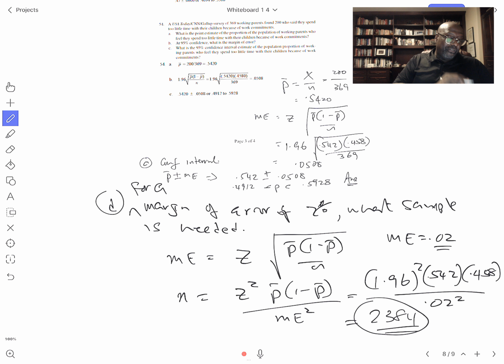So to go from a 5%, sorry, 5.08% margin of error down to a 2% margin of error, you have to increase that sample size significantly.